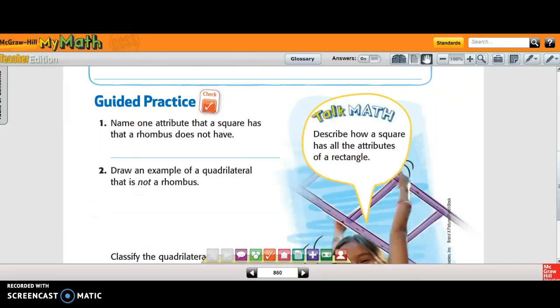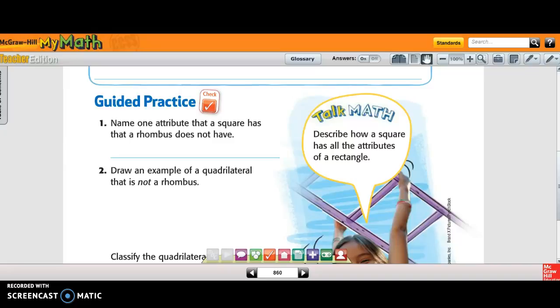Number one, let's just discuss this. It says name one attribute that a square has that a rhombus does not have. Excellent. A square has right angles. Two says draw an example of a quadrilateral that is not a rhombus.